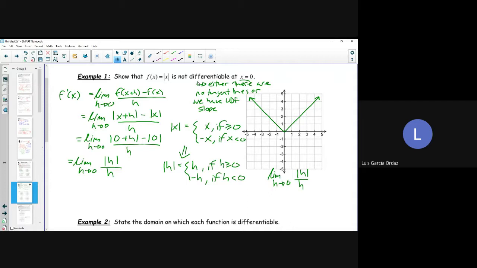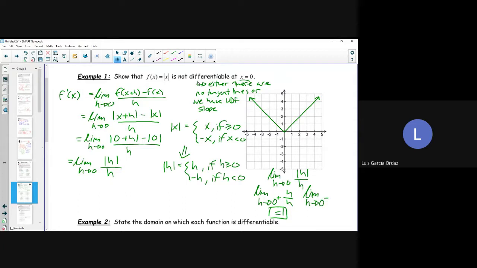So again, we want to find the limit as h approaches 0 from the right and from the left. As h approaches 0 from the right, our absolute value becomes positive h over h. If I were to simplify h over h, what does that give us? What is a number divided by itself always? It's going to be 1. Now we take that same idea and apply it from h approaching 0 from the left.